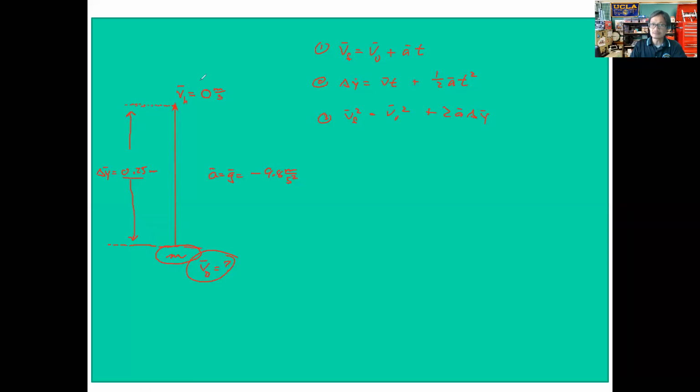So this represents our v final. All right, so with that said, we have v final right here. We have the acceleration right here, but what are we missing? We're missing time. So we can't use this, and we don't have time. So this won't work for us.